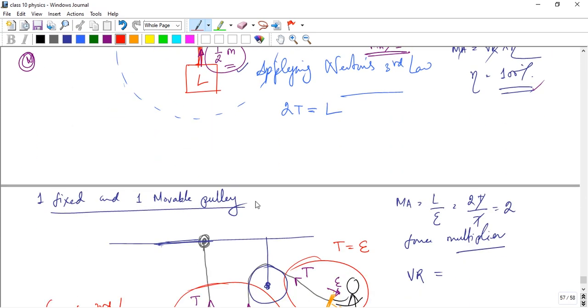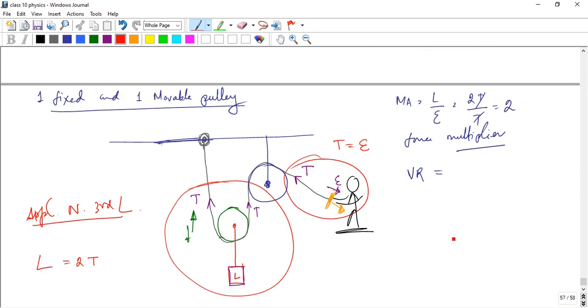Half of the length of effort. Similarly, suppose the effort displacement is 1 meter, then the load displacement is half, so that 1 is reduced to half.